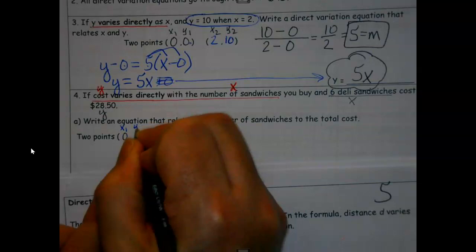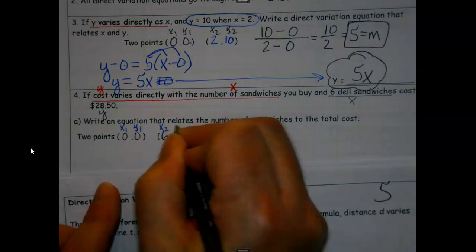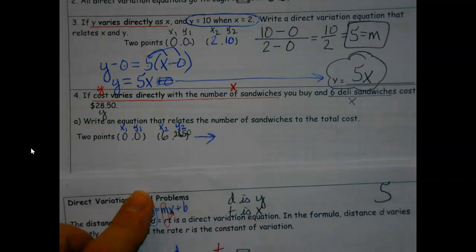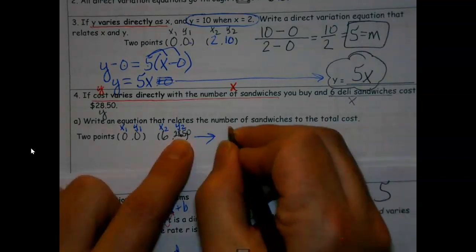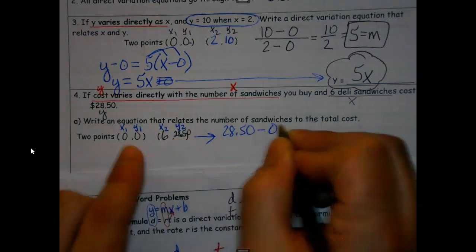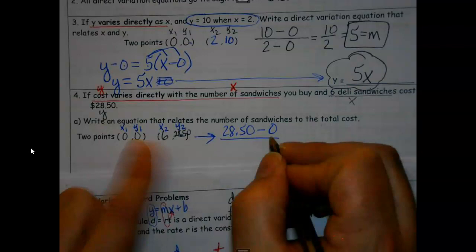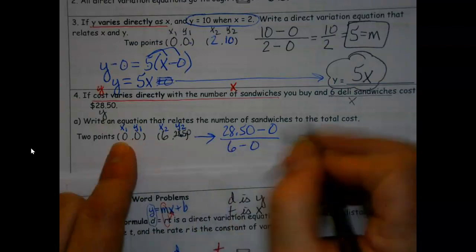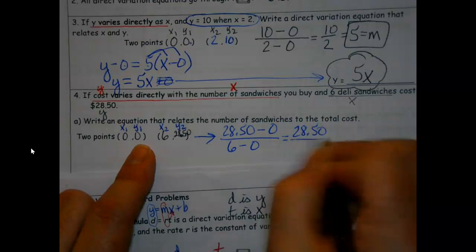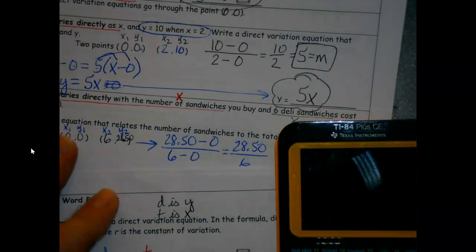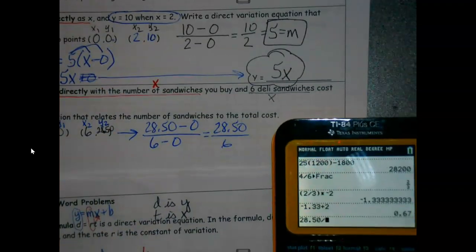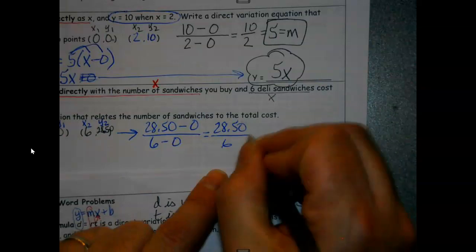So here's x and y1, x and y2, y2 minus y1 over x2 minus x1. Ooh, let's see. This is going to be kind of funky. $4.75. Okay.